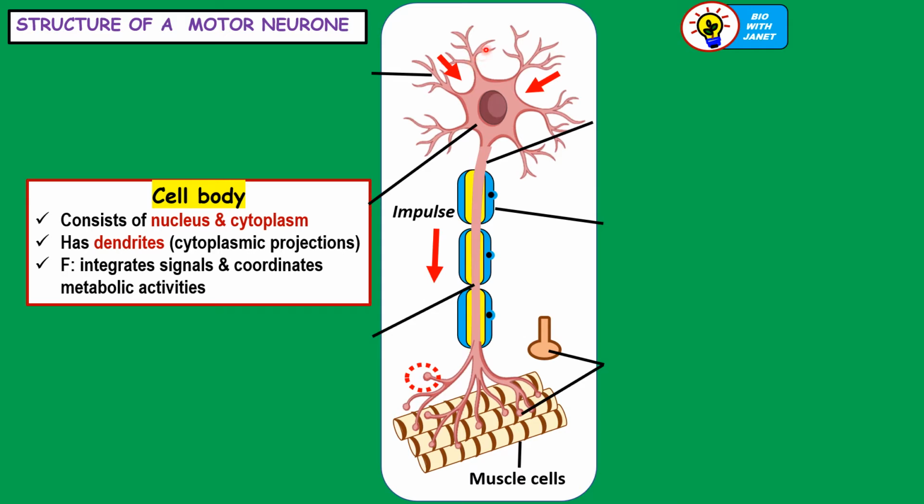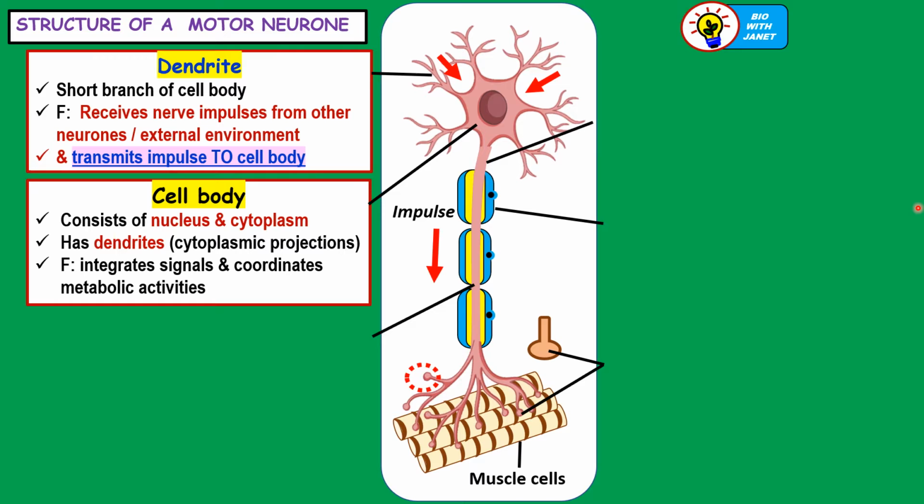These are cytoplasmic projections that help to transmit impulses towards the cell body. The function of the cell body here is to integrate the signals coming in from the dendrites and to coordinate the metabolic activities of the cell. Next, let's talk about the dendrites.